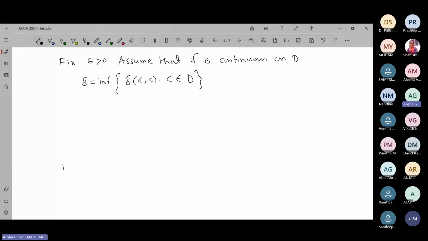If we take this infimum, since the set is bounded, the infimum will exist, so this delta is greater than or equal to 0.